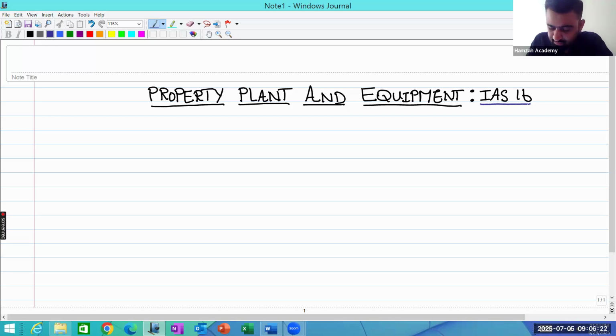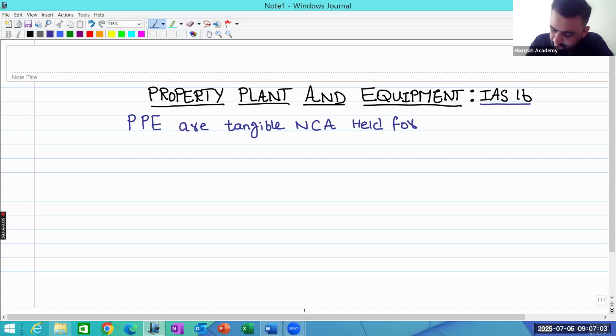Now, first of all, let's define it. Property, plant, and equipment are tangible, non-current assets held for use in the business.